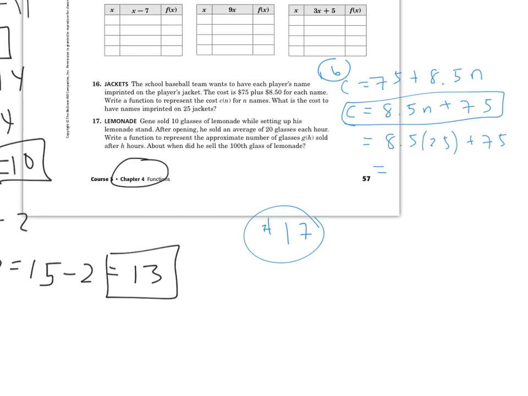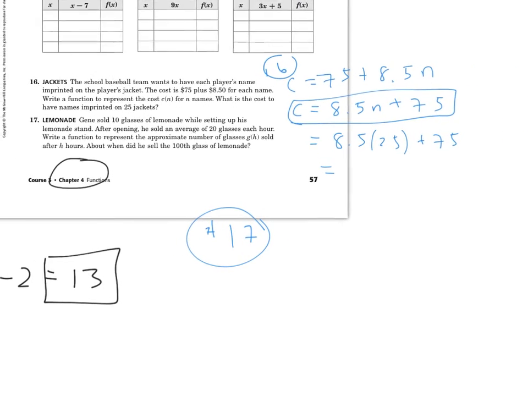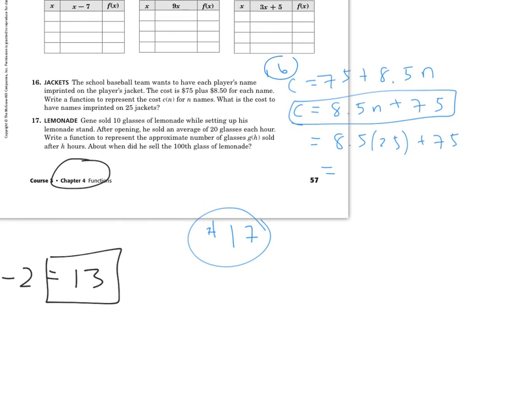All right. So the thing is, G of H is the glasses per hour. So notice that they're wanting us to use function notation. So what they're trying to find is the glasses per hour. And remember that we put what we're trying to find in place of y in the equation. And then it's after H hours.